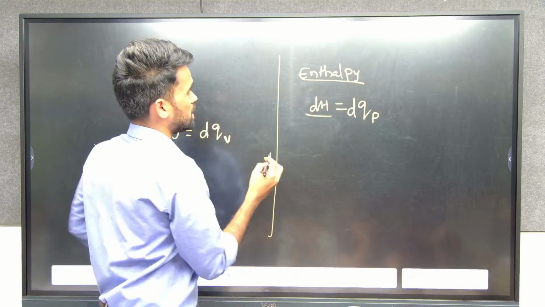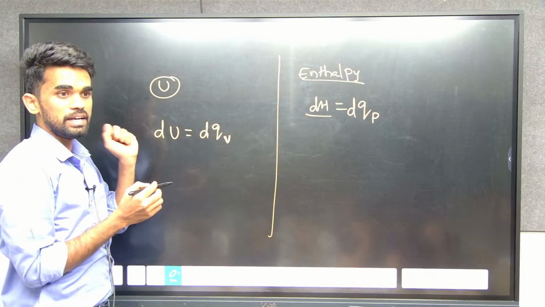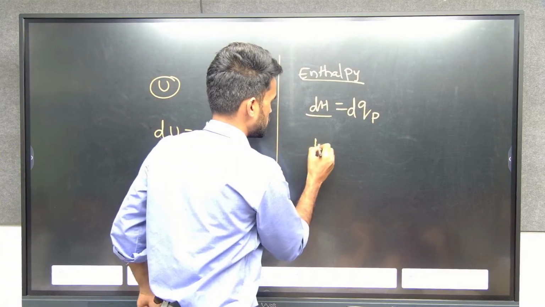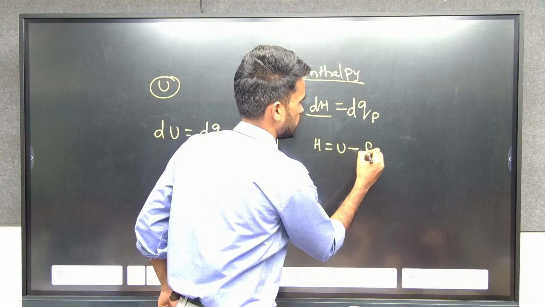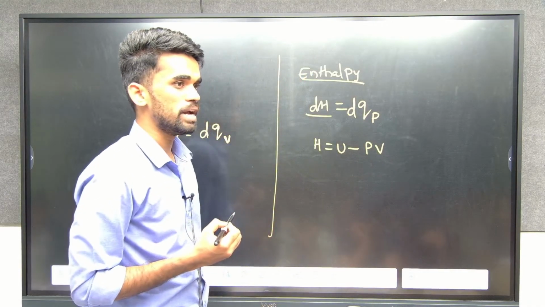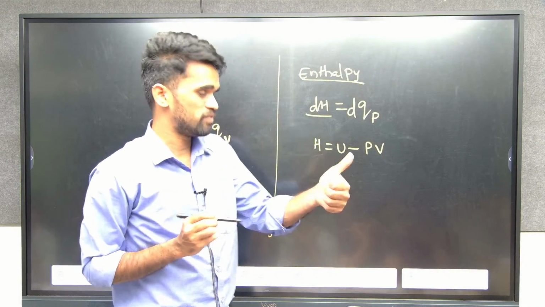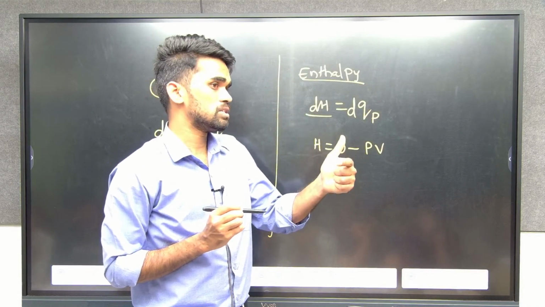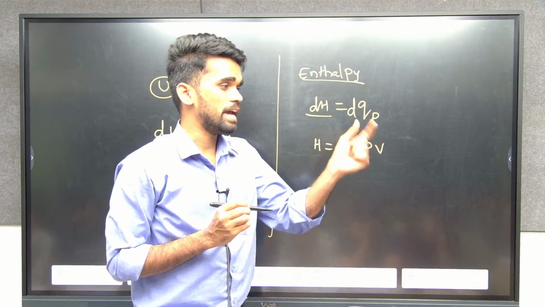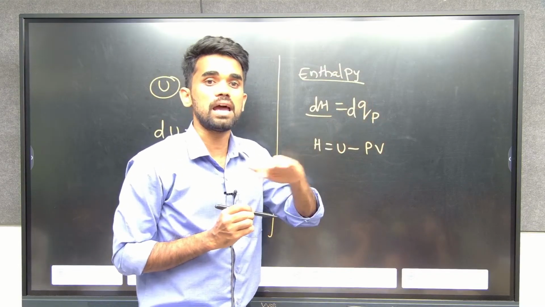Okay, so now what is the relation between enthalpy and internal energy? So H equals U plus PV. What is that? H equals U plus PV. So again, enthalpy is also a state function, enthalpy is also an extensive property. The exact value of enthalpy cannot be calculated. Why?